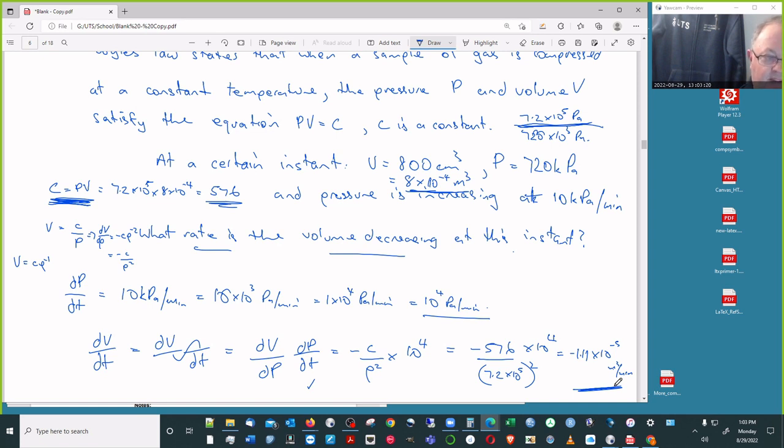Alright, now the negative tells you it's decreasing, so you're actually allowed to say 11.1 centimeters cubed per minute as it is decreasing. But I don't think they will have discussed that too much. But converting between the units makes you feel like you're back in physics, doesn't it? Alright, so a little bit of this and that. Alright, what else have we got? Yep, go ahead.